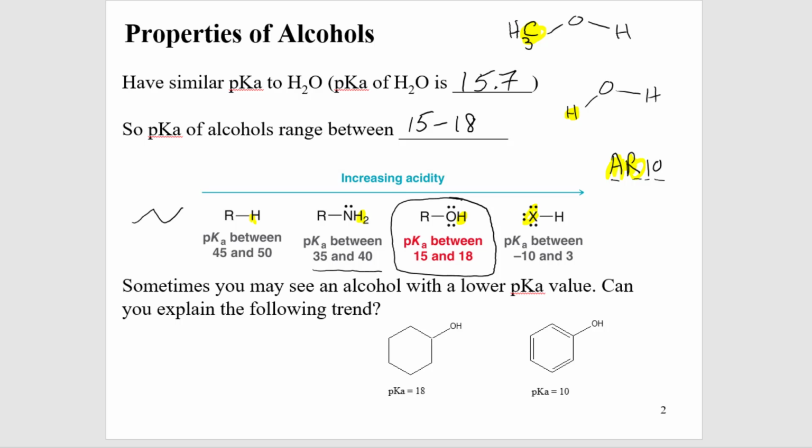Look at the pKa values. What you'll notice is that the cyclohexanol on the left has a typical alcohol pKa. It's in the 15 to 18 region. Take off the hydrogen, you have an O minus, and it's behaving like an alcohol.